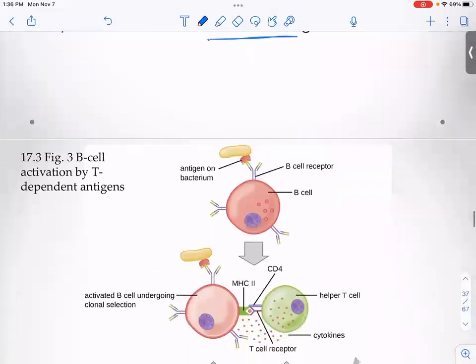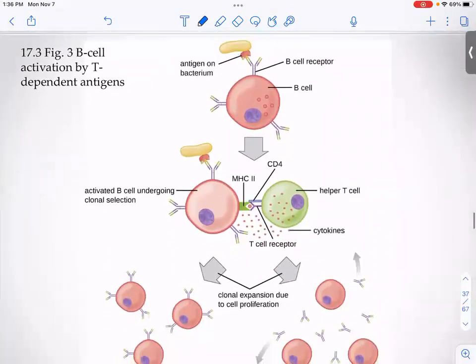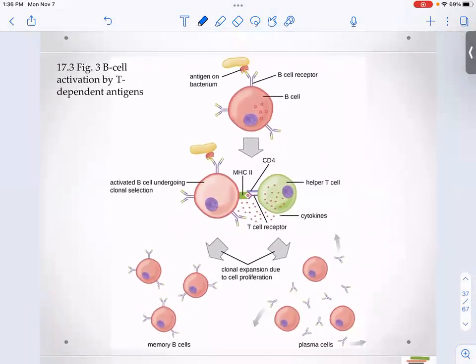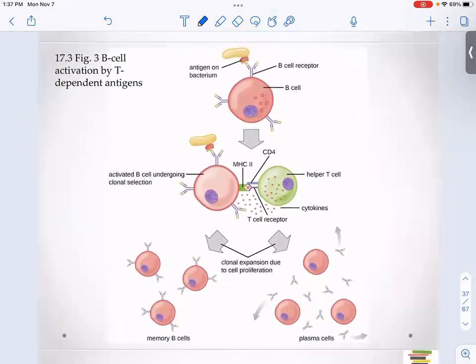Let's walk through this. Your book simplifies this a little bit, which is fine. Here we've got a B cell that's recognizing some epitopes on some bacterial cell, for example. At the same time, some helper T cells at some point get activated.